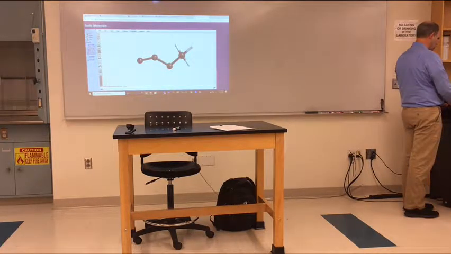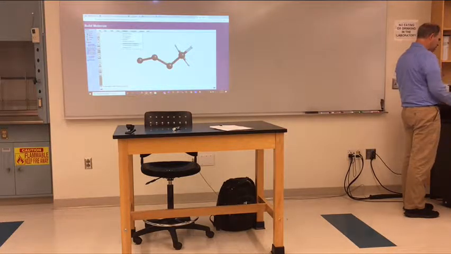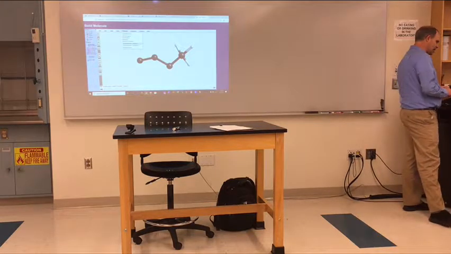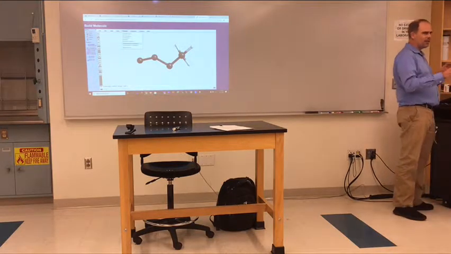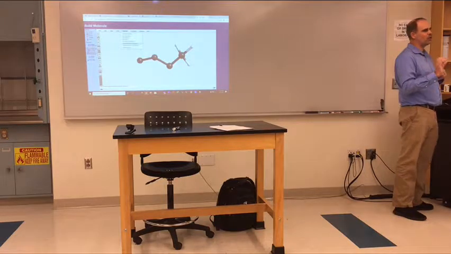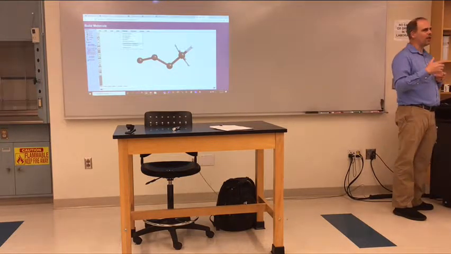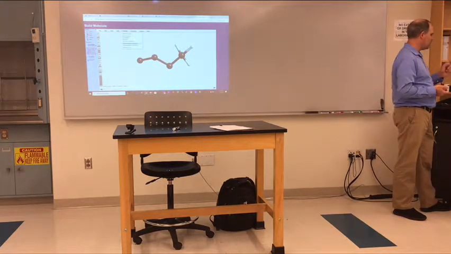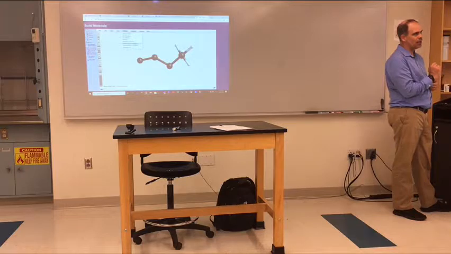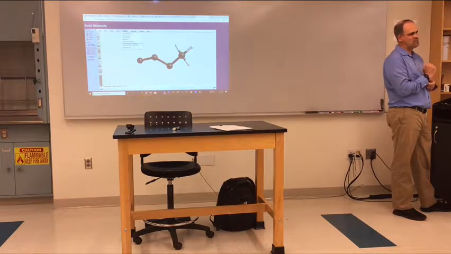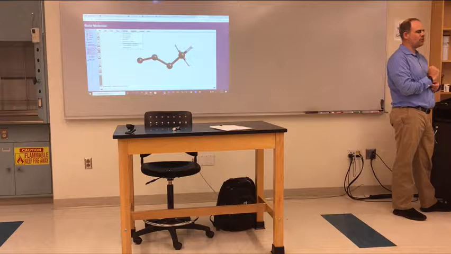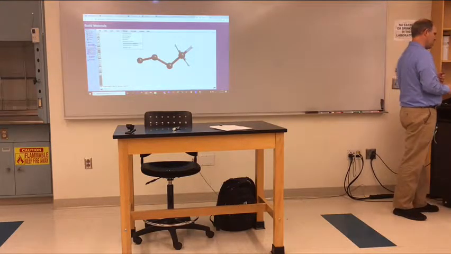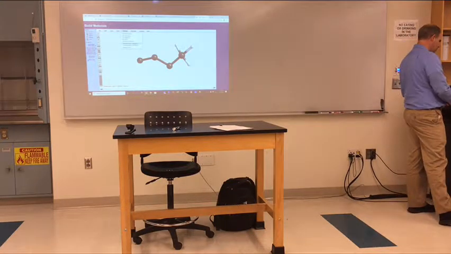We can go here to clean up, down to either idealized or using mechanics. Idealized just sets everything to specific parameters and makes all the carbon-carbon bonds a particular distance, all the bond angles 109.5 for an sp3. The mechanics uses molecular dynamics to do it. The two structures are going to look very similar. For our purposes, it doesn't really matter which one you do. So let's do idealized.